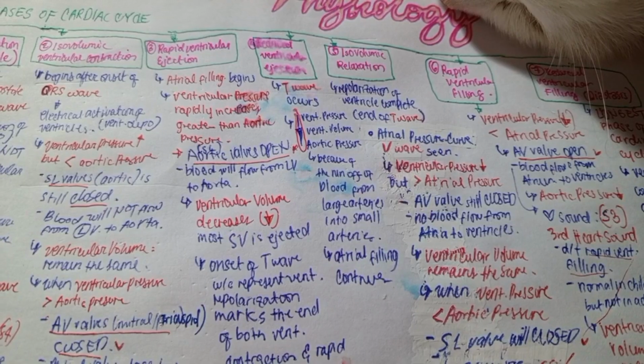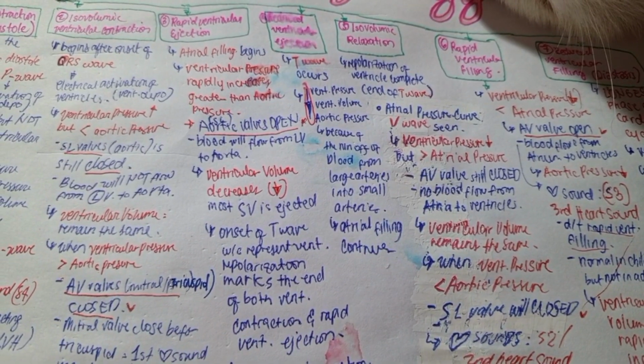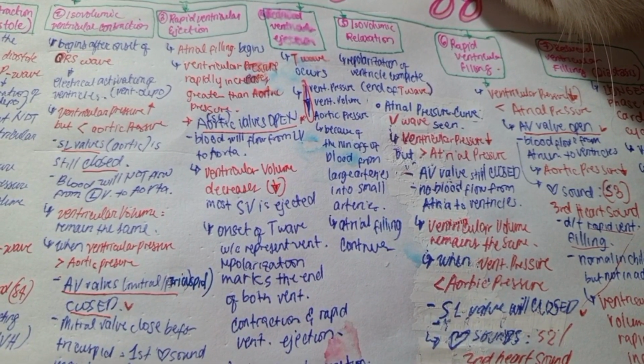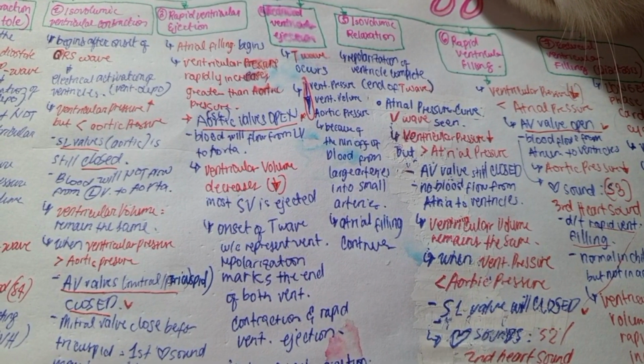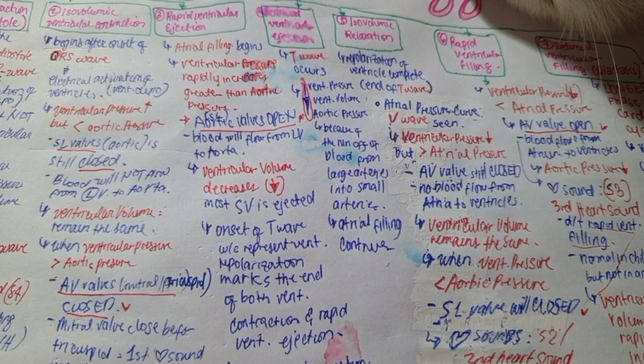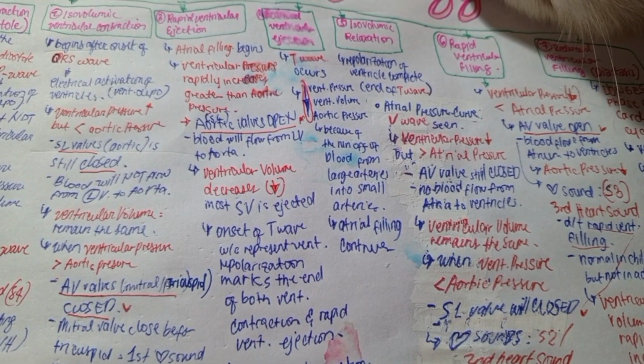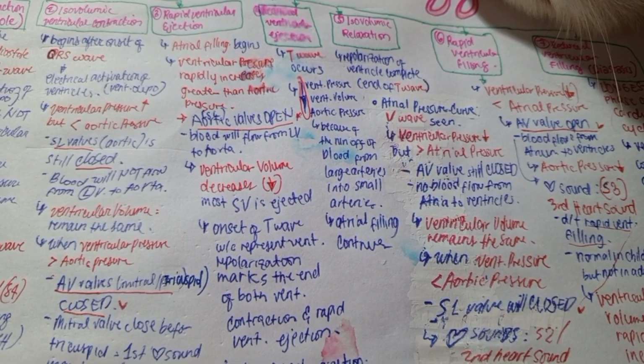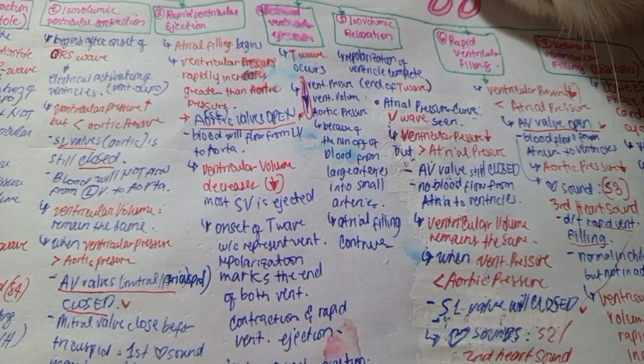So if the ventricular pressure decreases more than the atrial pressure, the AV valve will close, and there is no blood flow from the atria to the ventricles.